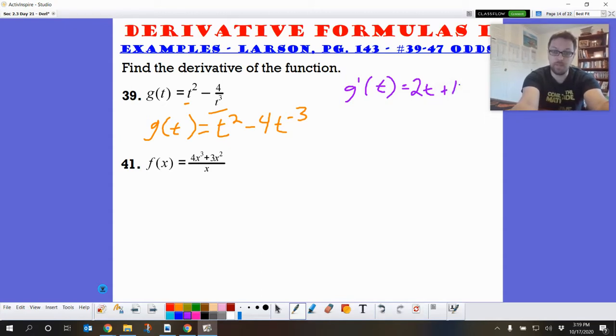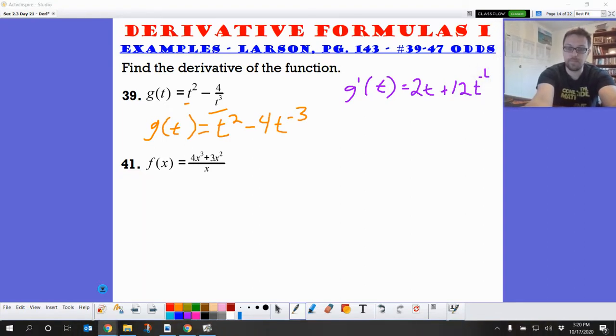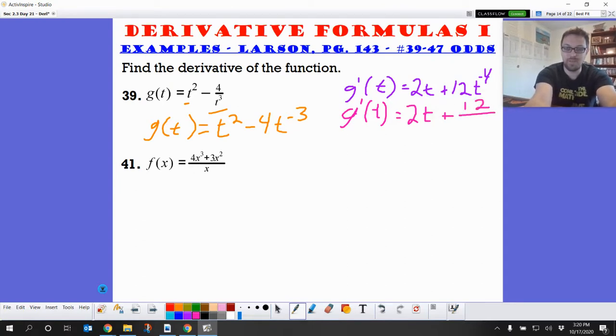So we get positive 12 t to the -4. All right, well then g prime of t, if we want to write this nicely, equals 2t plus 12 over t to the 4.